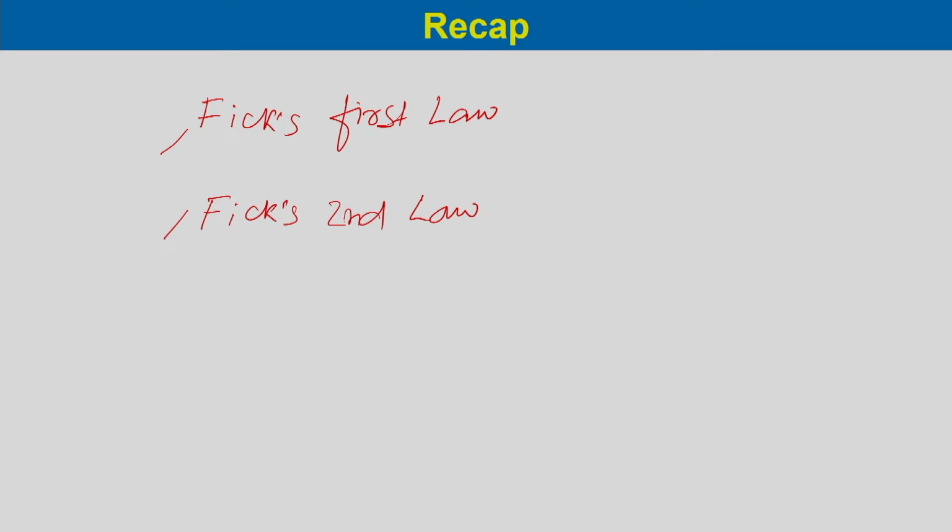In steady state diffusion, we discussed Fick's first law, and the second case, we discussed Fick's second law, which is applicable for unsteady state diffusion.